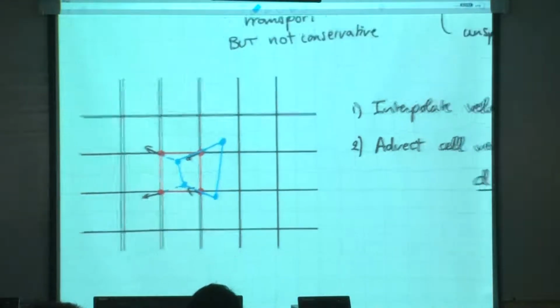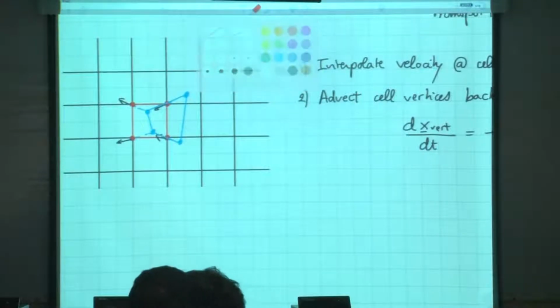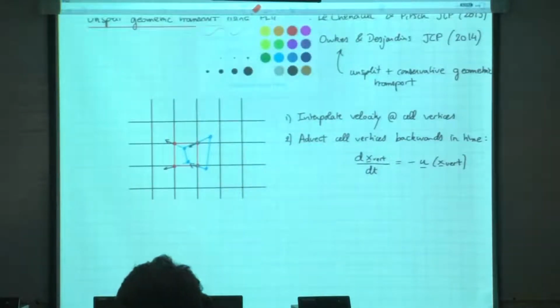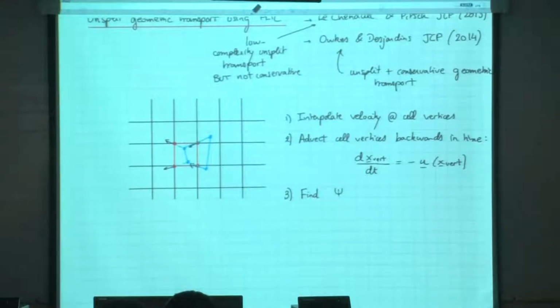Well, now our problem is going to be the following. What is the amount of liquid in that blue cell? Because there's simple material transport happening with my VOF transport, the only question I need to answer is what is the liquid volume fraction in the blue cell? That quantity should be constant in the red cell at my new time. So I'll say that step 3, find the volume fraction at time n in the blue cell.